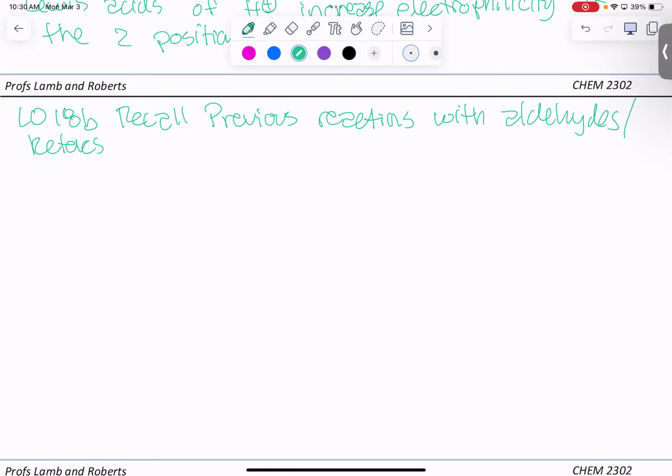All right. So that's our next learning objective: we're just going to recall some previous reactions with aldehydes and ketones. Let's start with organometallics, because those are my very favorite types of reagents.